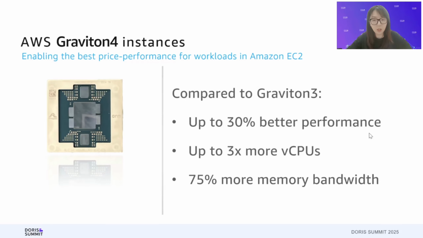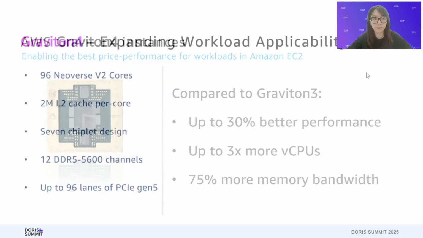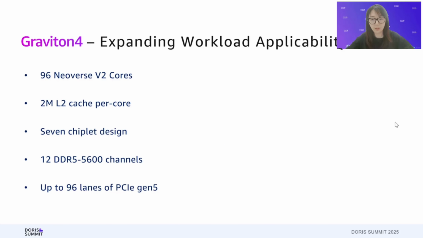And with this foundation of Graviton 4 capability, let's examine some more technical details. The hardware behind this capability is impressive. With Graviton 4, we increased the number of cores in every CPU by 50%. We have 96 Neoverse V2 cores. And we looked at real workloads. We saw that their working set just wasn't fitting into the caches we had. So now every one of their cores has 2 megabytes of L2 cache.